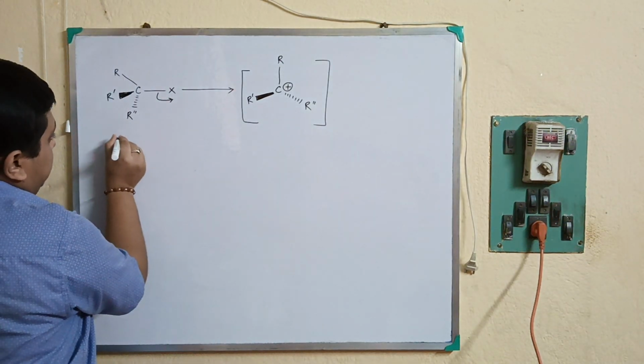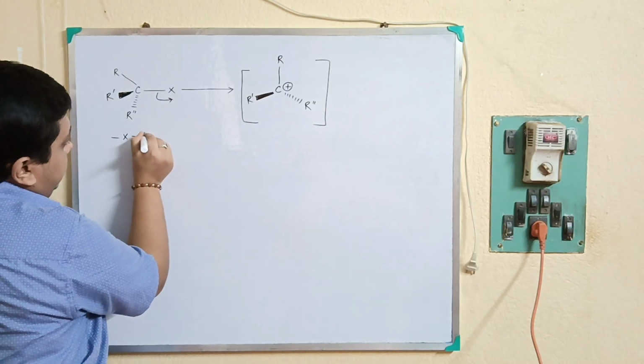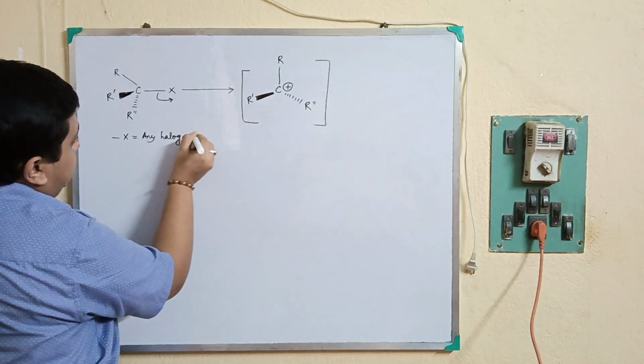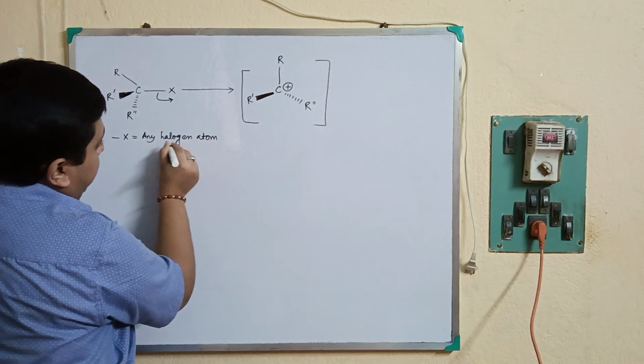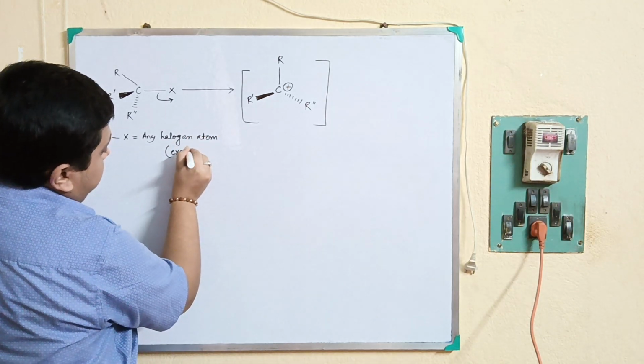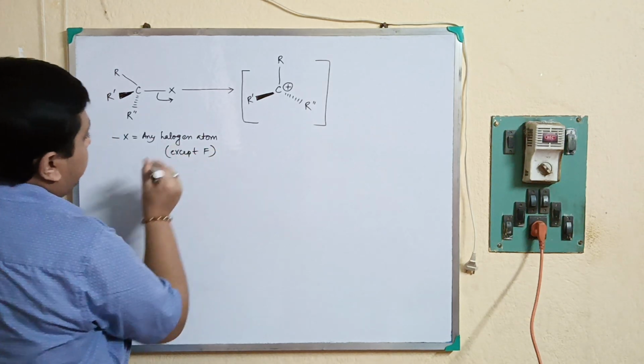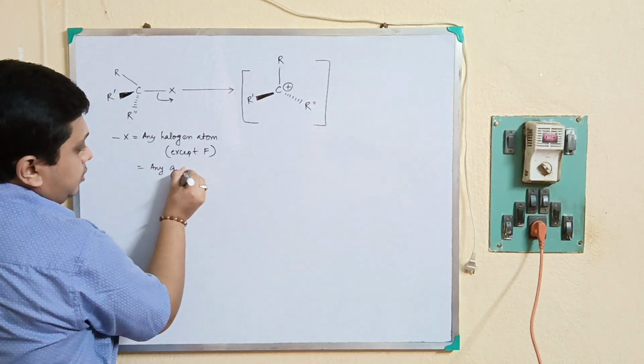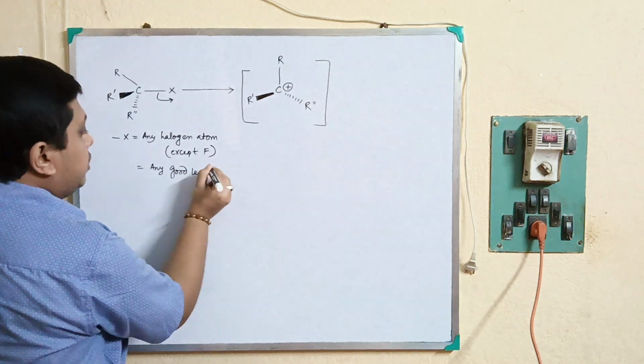Now, the X group may be any halogen atom except fluorine, or any good leaving group.